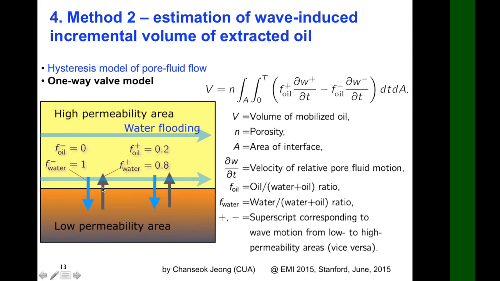The key idea of this model is that in the flow coming from low to high permeability area, there is more oil than in the flow in the opposite direction. Based on this characteristic of the pore fluid flow, we can estimate how much oil is extracted from the low to high permeability area.